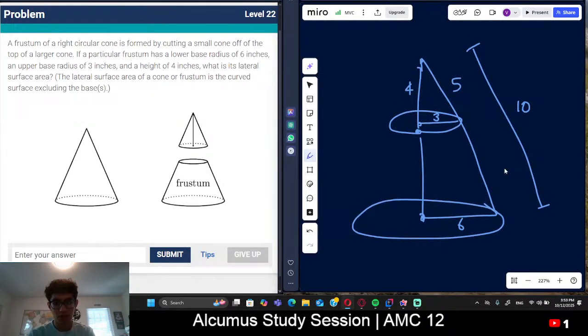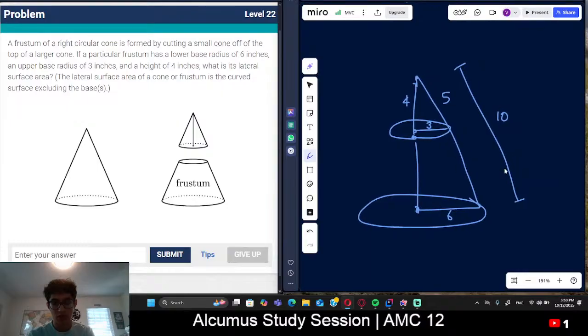So what would that be? It would be the surface area of the entire cone minus the smaller cone. The smaller cone, what did we discover earlier? It's going to be 9 pi.